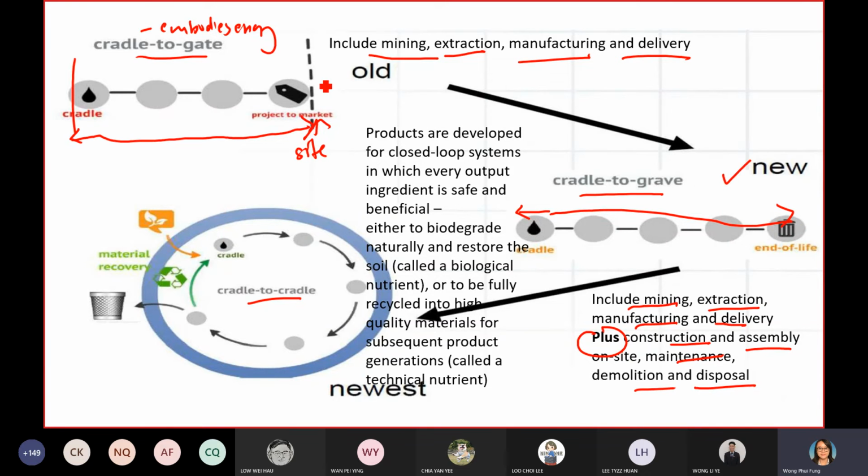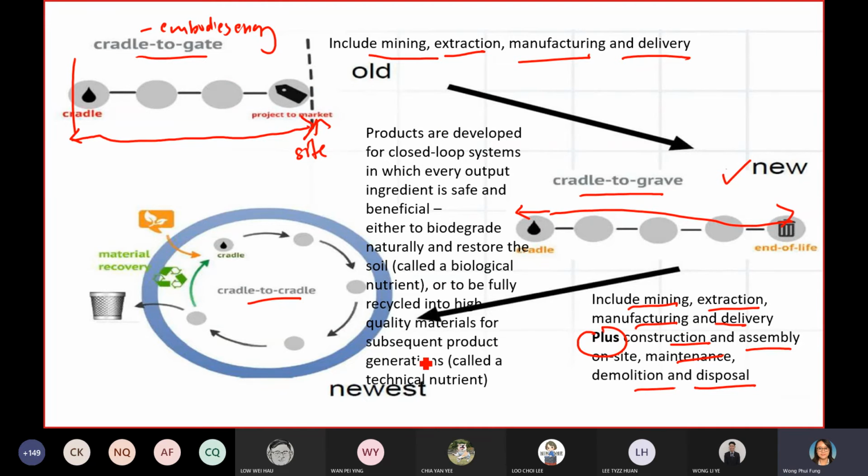Okay, of course, this one will be better than the old one. The old one only considers up to the delivery. But just now, I already told you that for a building, the maintenance and operation form larger costs as compared to the front end stage, because a building lasts a longer time. You just need 3 to 4 years to construct the building, but the building can last very long. That's why cradle to grave is always better than cradle to gate.